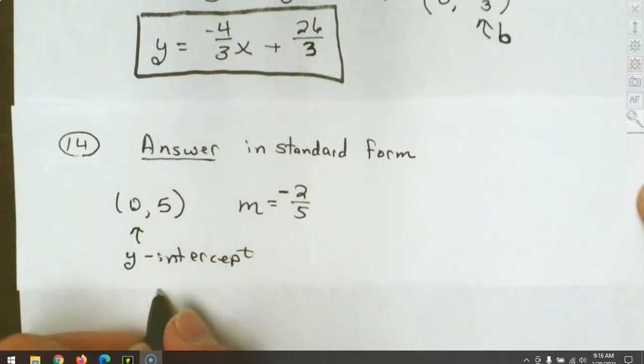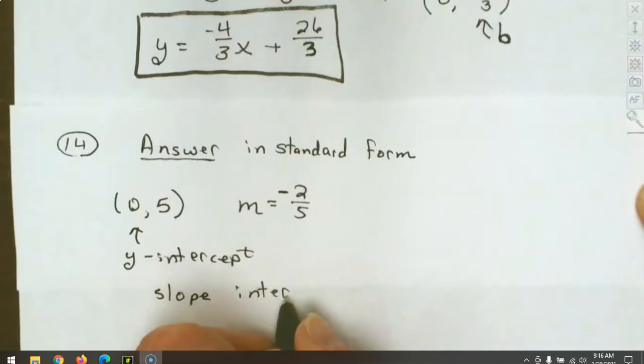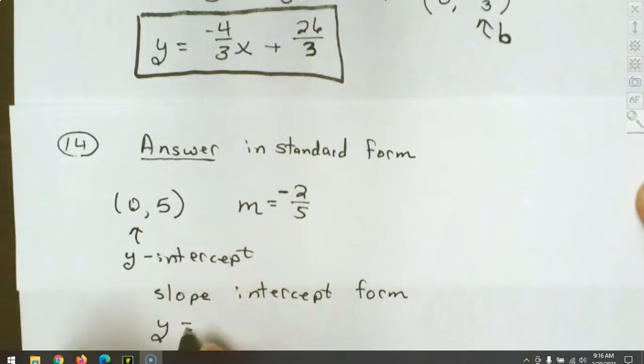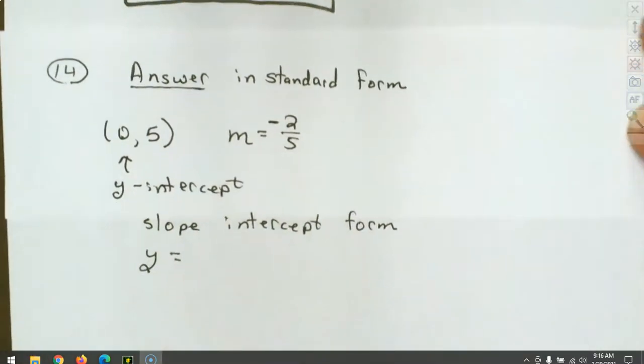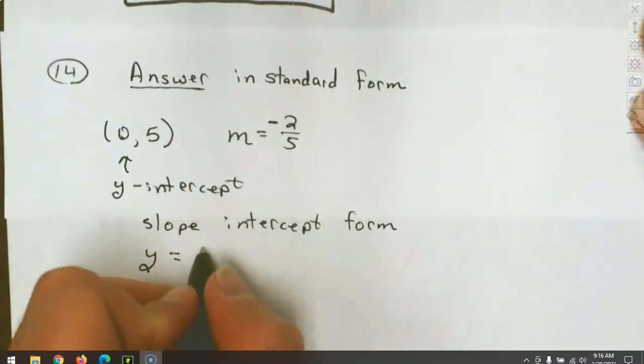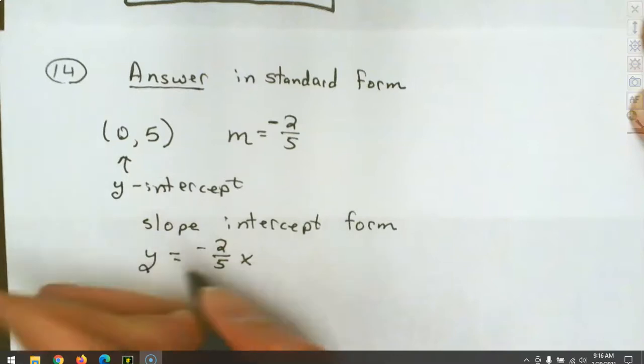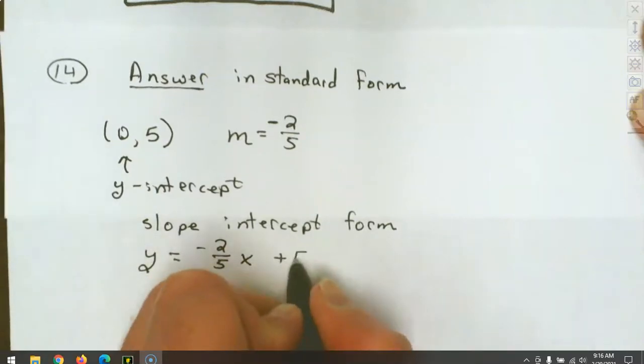So now in slope-intercept form, what is it going to look like? Well, just like the last one, it looks like y equals negative 2/5 x plus 5.